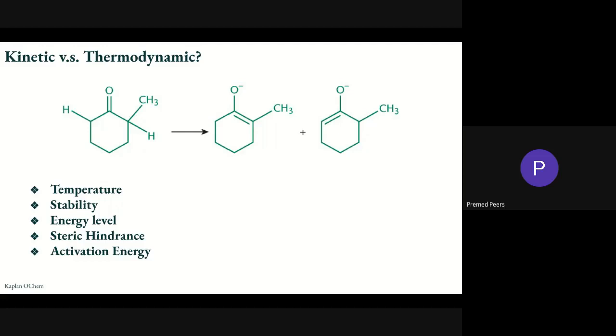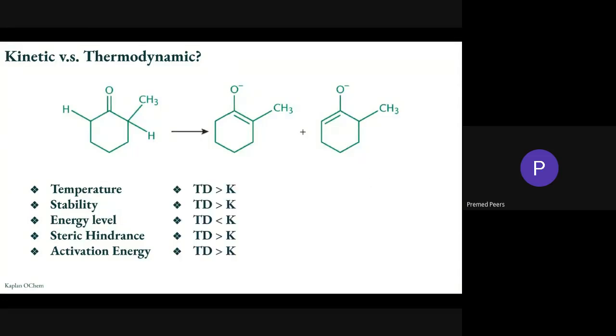But in turn, that product also happens to be the product with a lower energy level and greater stability. So you can summarize it with all of these, which we just talked about.